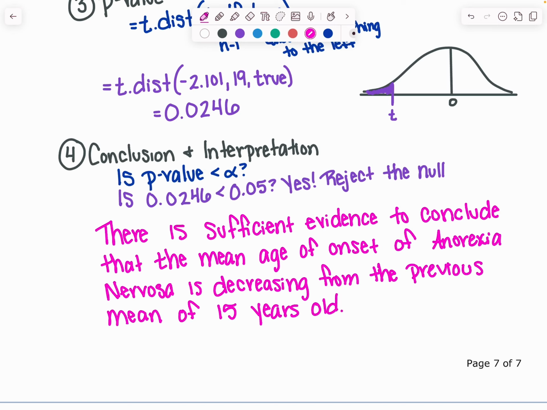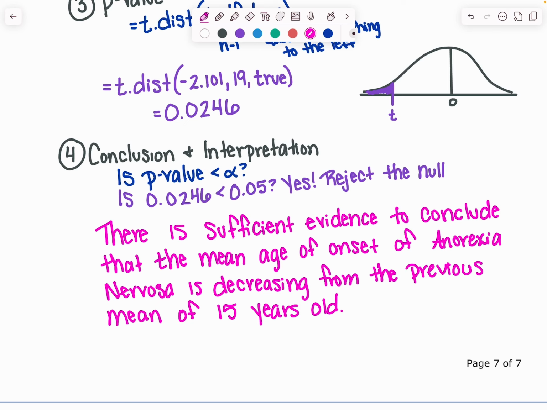years old. And this is an example that I really like doing because it allows me to talk about one of the big implications of this test. So we've done this hypothesis test. We get to these results. Now what do we do with it?